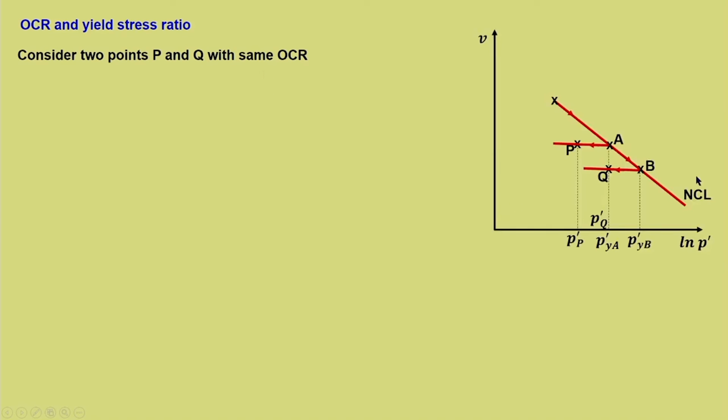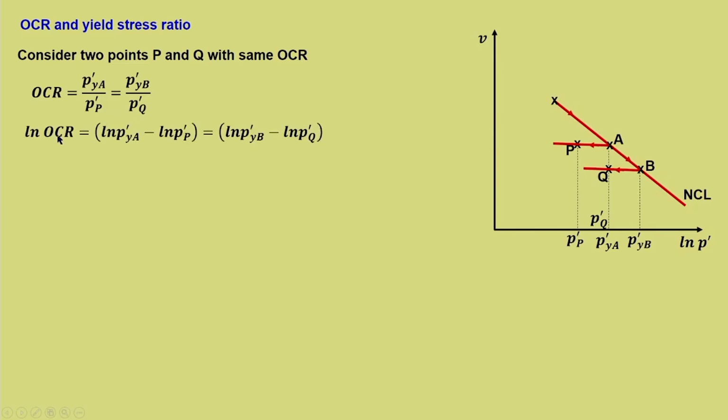Here the normal consolidation line is represented, and we have two unloading lines, one at A and the other at B. Now consider point P and point Q. They have the same OCR, that is P dash YA upon P dash P is equal to P dash YB upon P dash Q. So the OCR is the same for points P and Q. In terms of ln OCR, we can rewrite this expression.